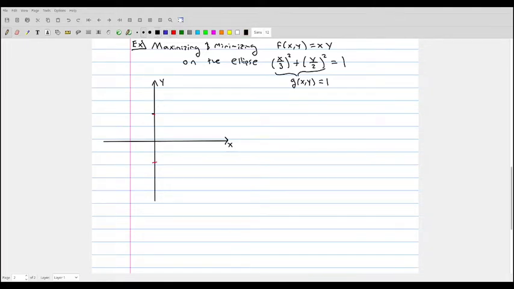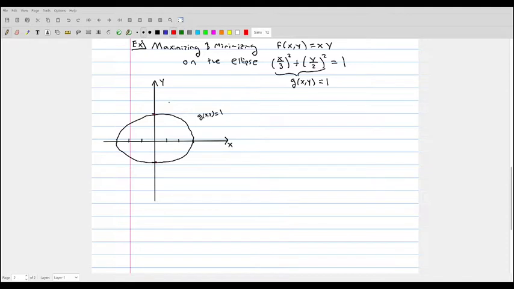First we'll draw the ellipse curve. It's going to look like this, roughly speaking. This is the equation g of x, y is equal to 1.